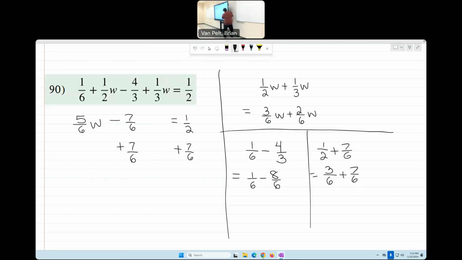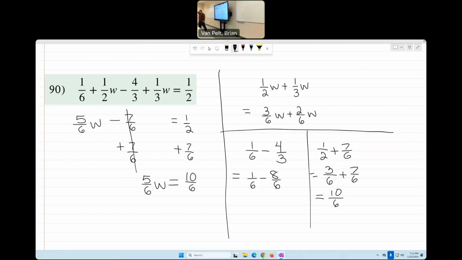And 6, that's right. So here, 10 over 6, and what did I have under 5 over 6? Cancel as you're going, so you can keep track of that. So all I had left was the 5 over 6 W equals 10 over 6.